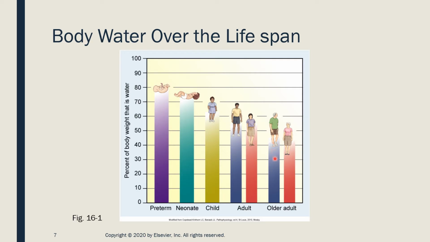And as we become an older adult, it drops to about 40%, for both male and female. Okay, so over a lifetime, the water component in our body decreases as we age.